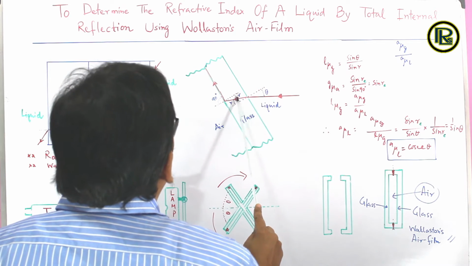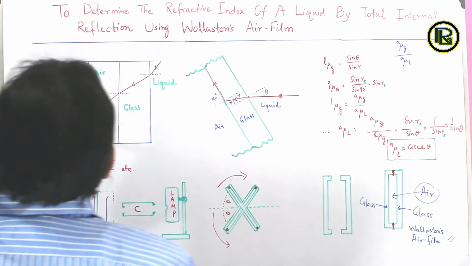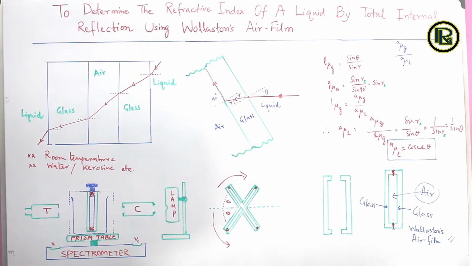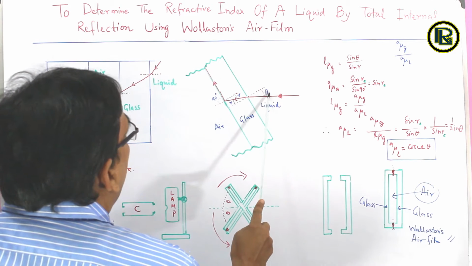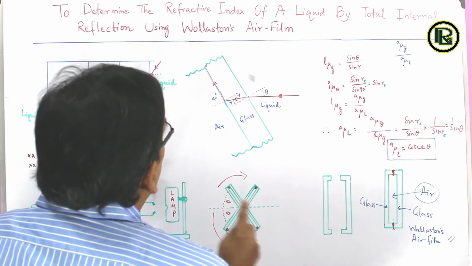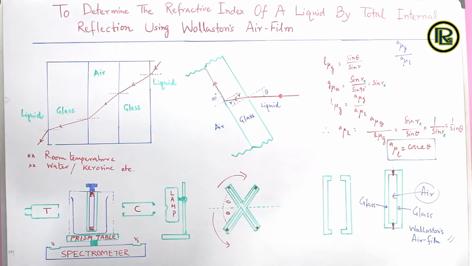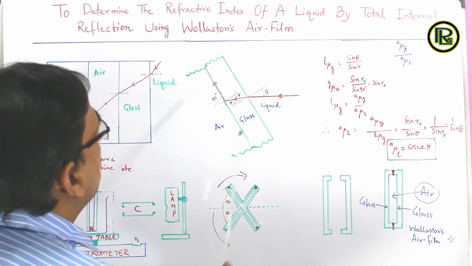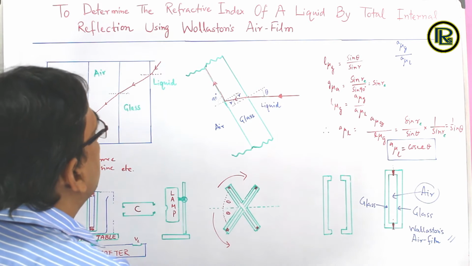So it won't be able to come out this way, like this. That angle we have to determine, and from that angle we can calculate the refractive index of the given liquid.